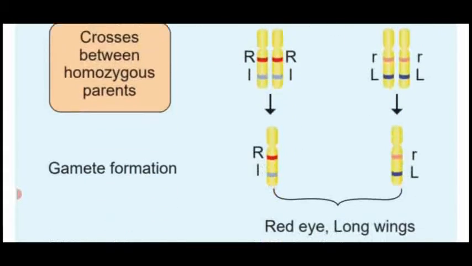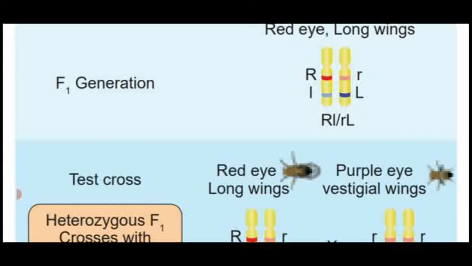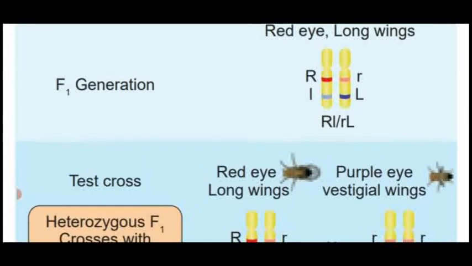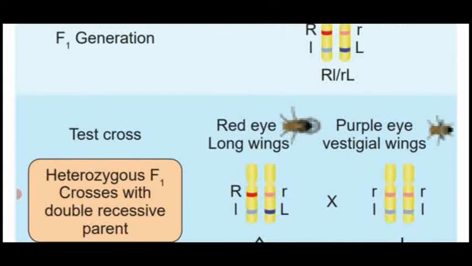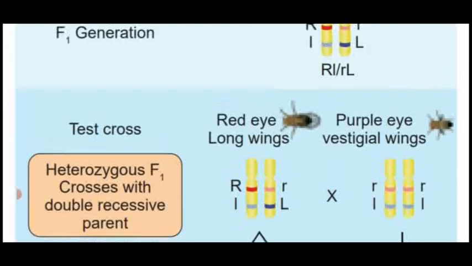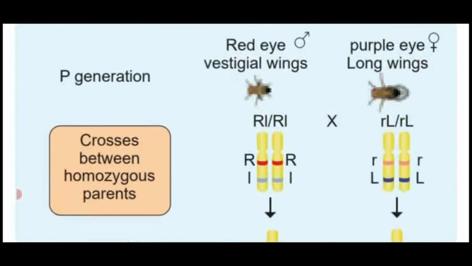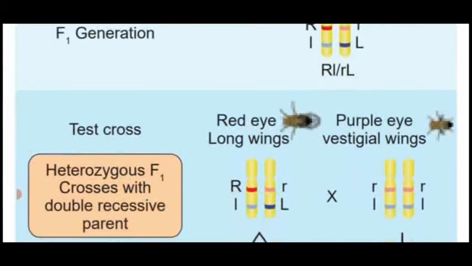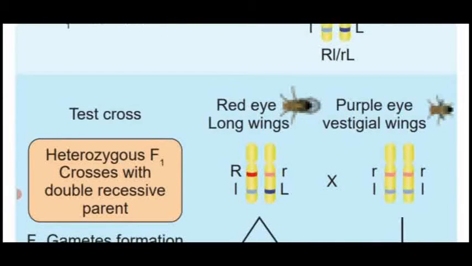Sorry, they are not crossed with the parental one. The F1 generation red eye long wings is crossed with another double recessive parent. That means purple eye with vestigial wings. So both of them are recessive parent.